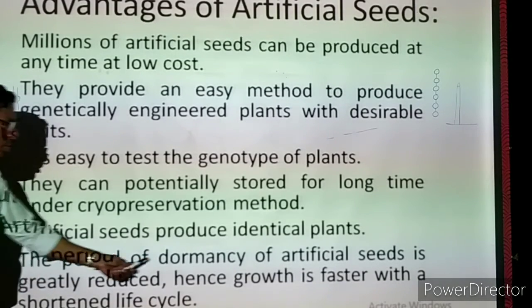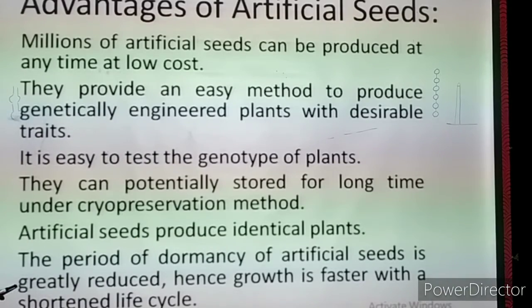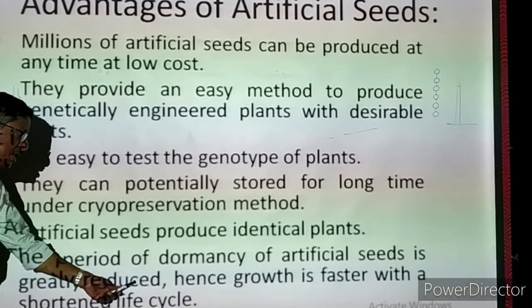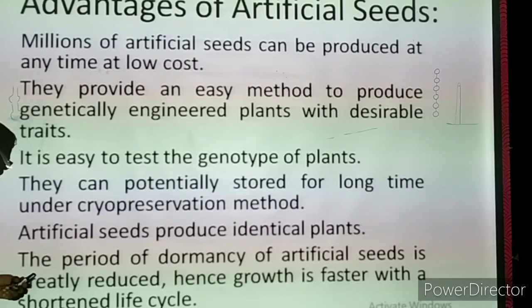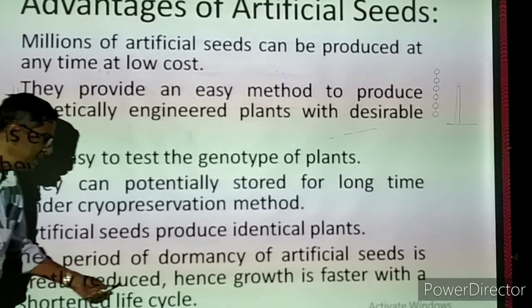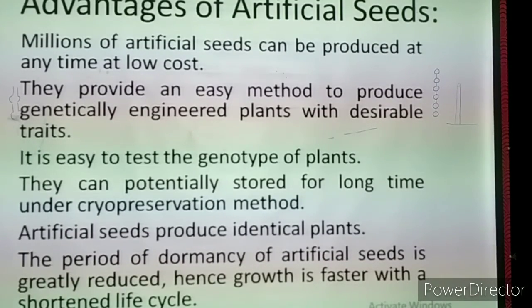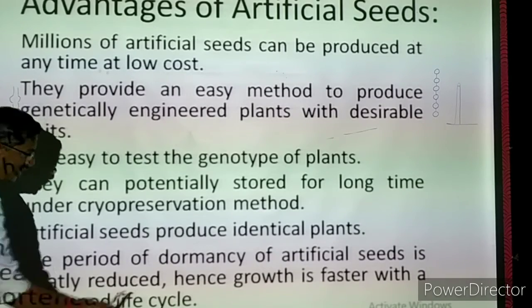The period of dormancy of artificial seed is greatly reduced, hence the growth is faster. Sometimes we are storing the seeds, but we want to make the plant develop, and it won't wait for the season. No season, nothing. Once we start germinating them, immediately they germinate and grow much faster within a shortened life cycle.